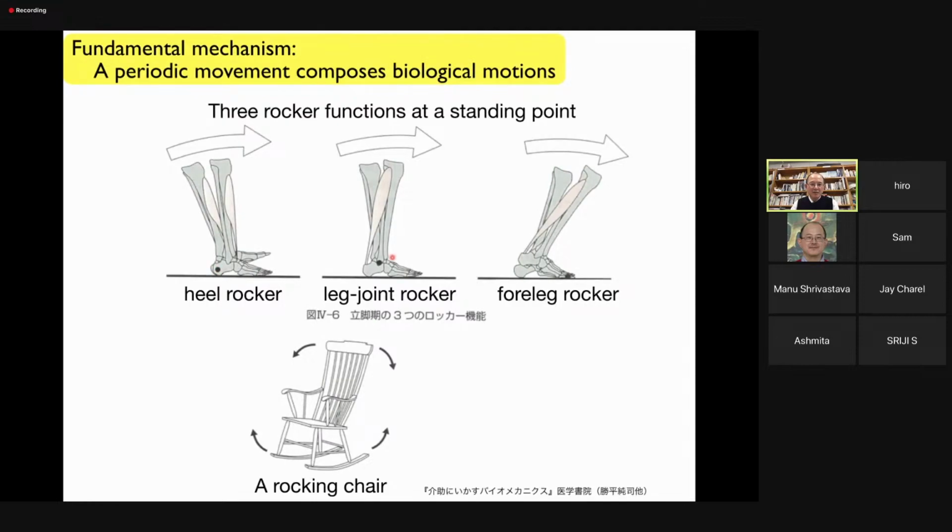Another kind of local motion, ankle rocker, is generated, centered at this point, and forefoot rocker is when the toe of the foot is attached to the ground, and the forefoot rocker happens. So these three local functions behave like a rocking chair. Then your walking pattern is nicely and naturally generated.